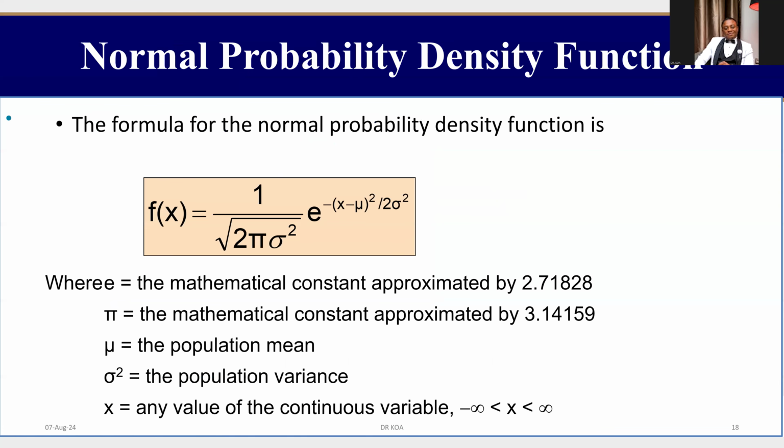Now, the formula for the normal probability density function is what is here. Don't bother yourself with it. Just know that you learned something. Sometimes in life, you have to go home and tell your parents, look, I've learned something. They ask you, what have you learned? Then you say, I have learned the normal probability density function, which is f of x equals 1 over the square root of 2 pi sigma squared, times e, the base of the natural log, raised to the power negative (x minus mu) squared, divided by 2 sigma squared.